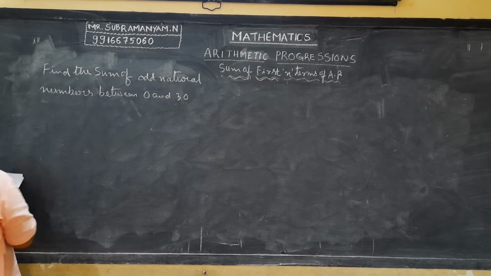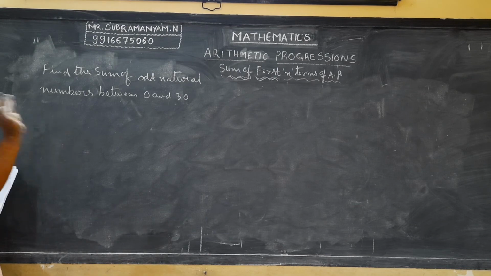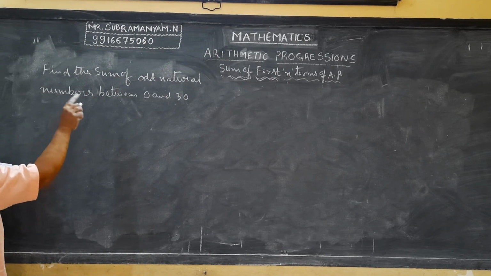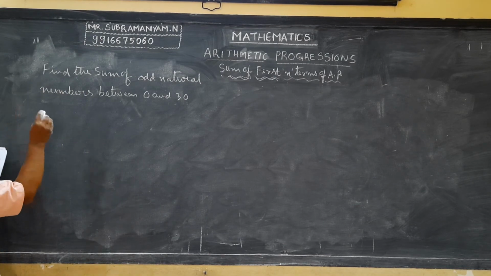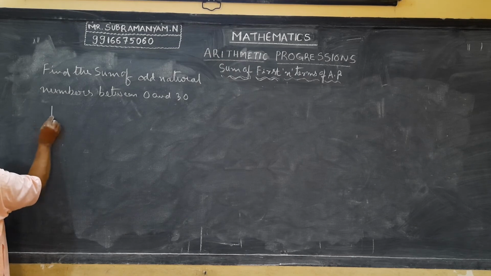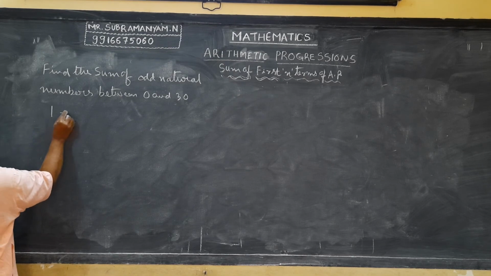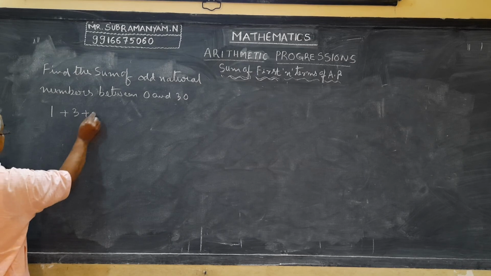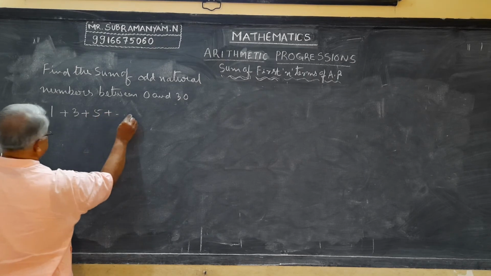Now, let us write the odd numbers, all odd numbers we want between 0 and 30. So the first odd number is 1 plus 3 plus 5 plus etc.